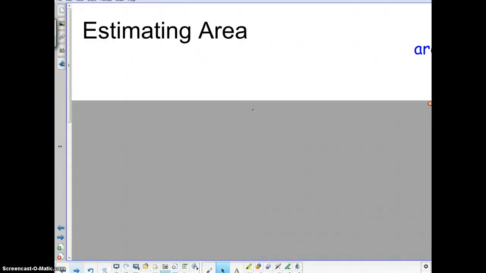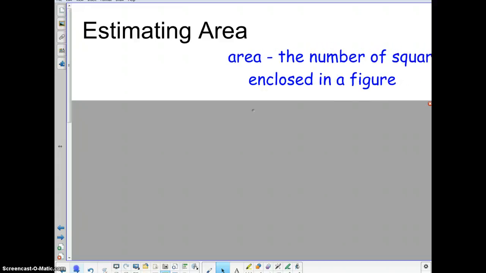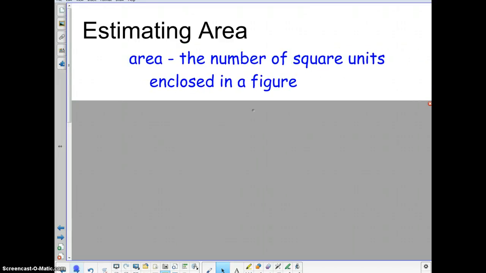Okay, the next thing we're going to do is not just perimeter, but estimating area. Area is a little bit harder concept for students to understand because of the units that come with it. The definition of area is the number of square units enclosed in a figure.